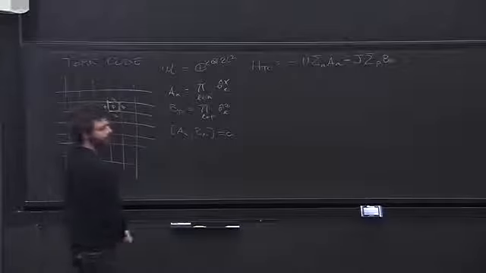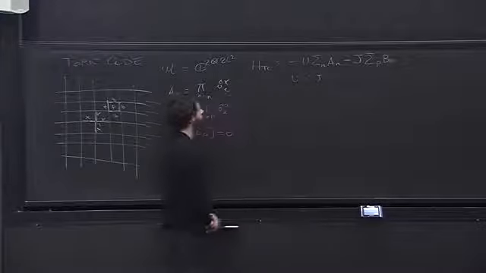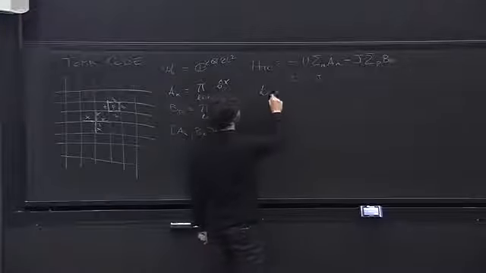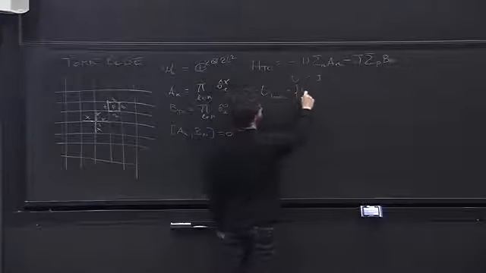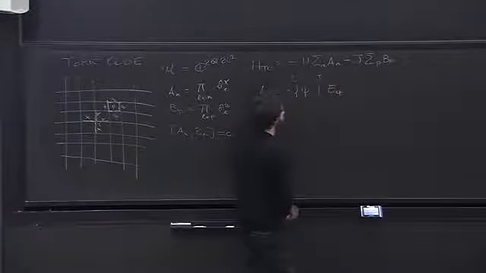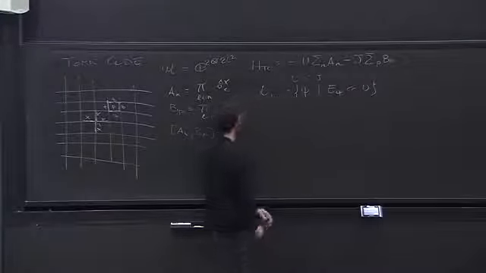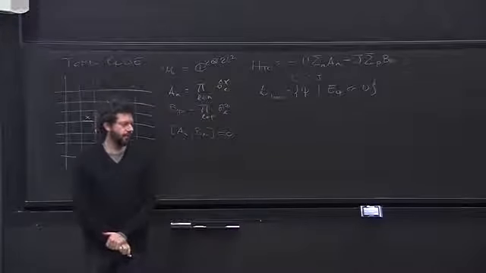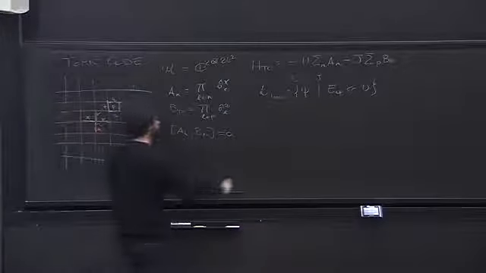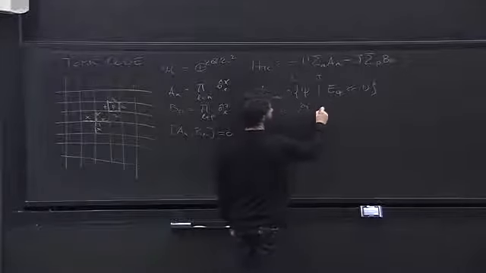And we have seen that at low energy, we can put ourselves in the limit where U is much greater than J. And L low is the subspace of the psi such that the expectation value of the energy in this state is much smaller than U. We've seen that this subspace is the same as the gauge theory. In particular, the ground state is exactly the same. So the ground state is 2 to the 2G degenerate.